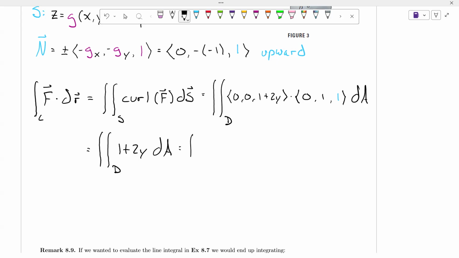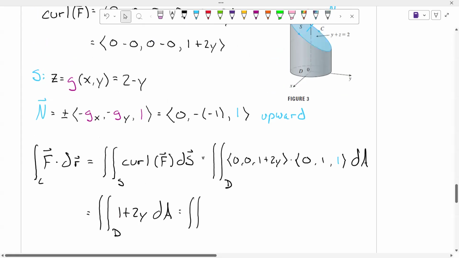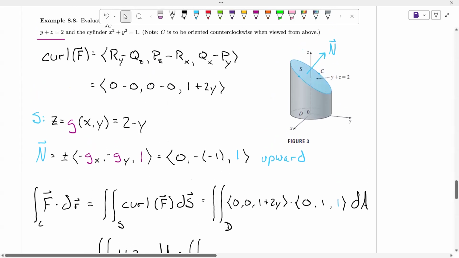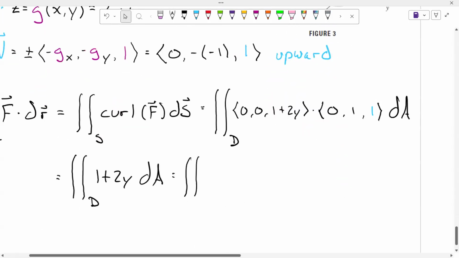And our region is a circle. Right, D is a circle. It was projected down into the xy plane. We're intersecting that thing with the cylinder, x squared plus y squared equals 1. So D, the projection down into the xy plane, is a circle with a radius of 1 centered at the origin, oftentimes just called the unit circle.